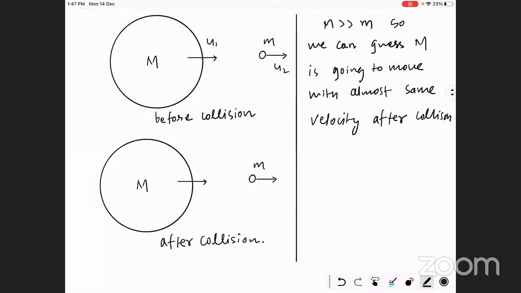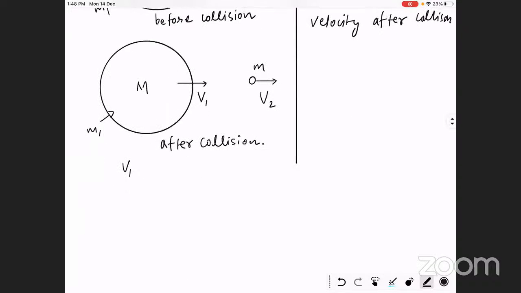Now suppose this is m1, this is m2. I want to cross check. This is moving with the speed v1 and this is going to move with speed v2. I want to prove this by formula. What is v1? v1 is (m1 minus m2) u1 plus 2m2 u2 upon m1 plus m2.